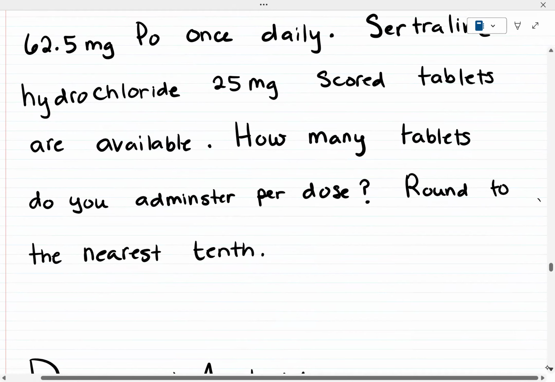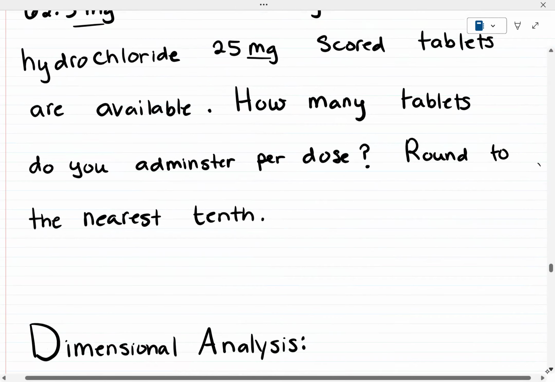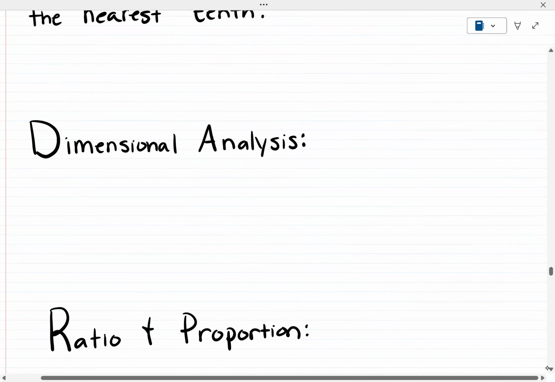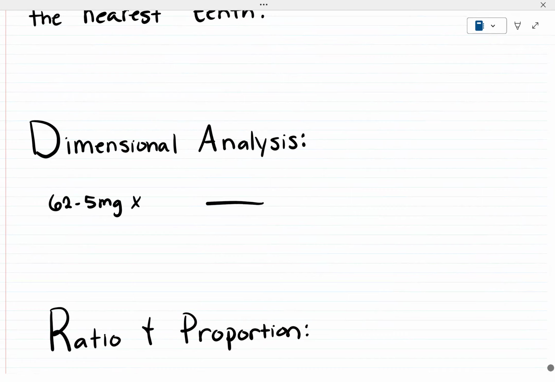The first thing I check is my desired and availability. Are they in the same units? Yes, they're both in mg. So there is no extra conversion, and we can start with dimensional analysis. You can say 62.5 milligrams times milligrams on the bottom, tablets on the top.